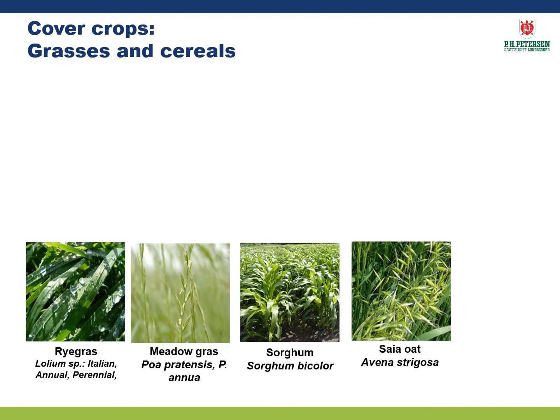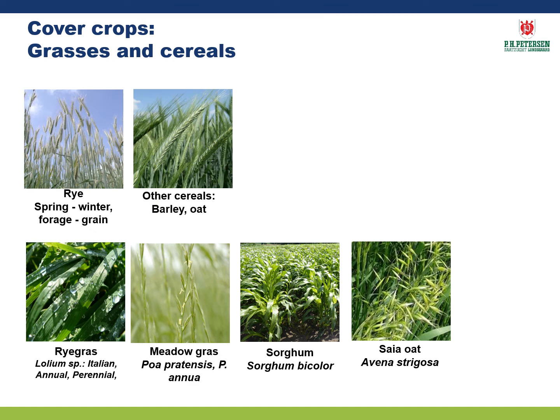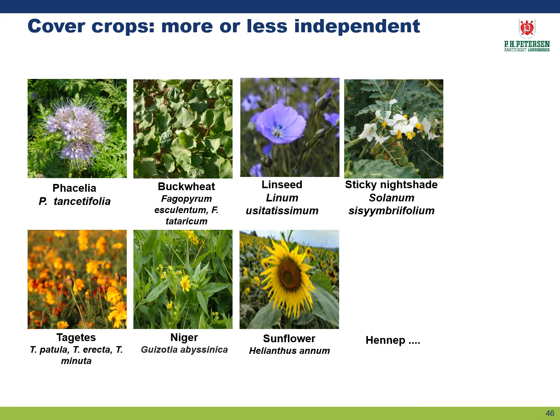We have sorghum used as a cover crop, rye as a type of spring rye, winter rye, forage rye, or grain rye, and other cereals like barley and oat. And the group of more or less independent cover crops like tagetes, niger, sunflower, sticky nightshade, linseed, buckwheat, and phacelia, sometimes even hemp.